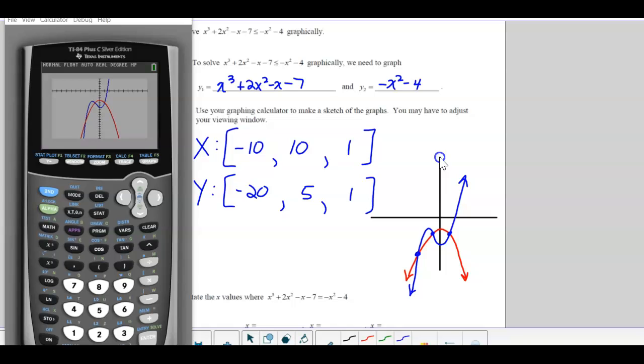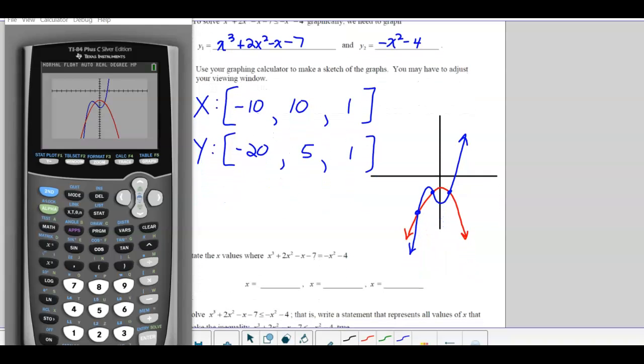Technically, I think when you get to Math 30 on the diploma exam, they don't even actually need that. They need that, the window, and then a statement of what you're looking for. So this is an inequality. Okay, first of all, you'll notice that it asks you what the solutions are. So in this case, I'm going to reduce this.